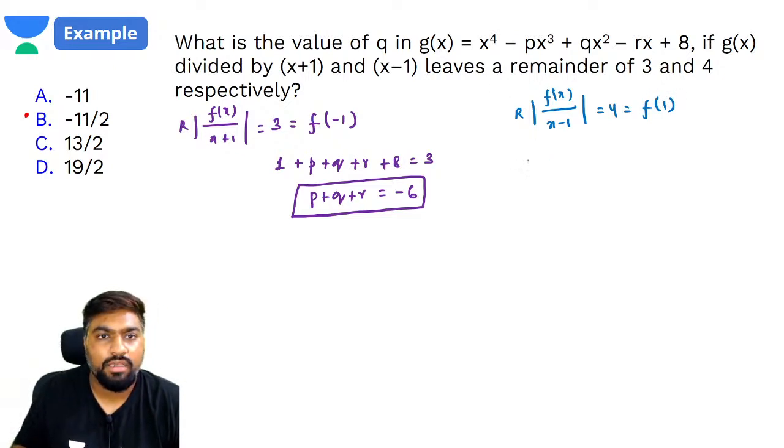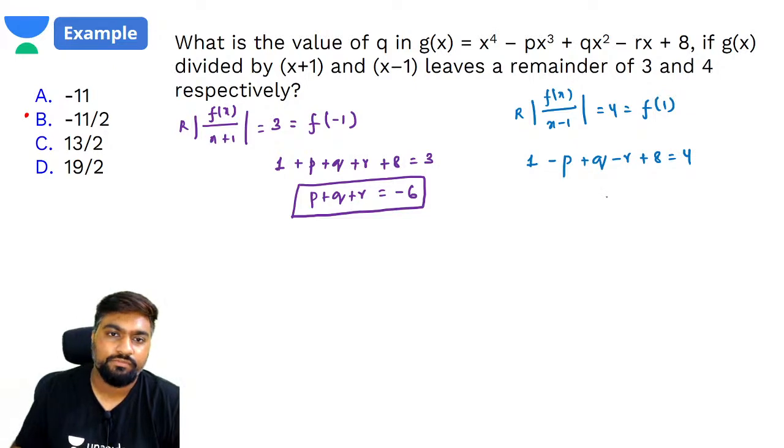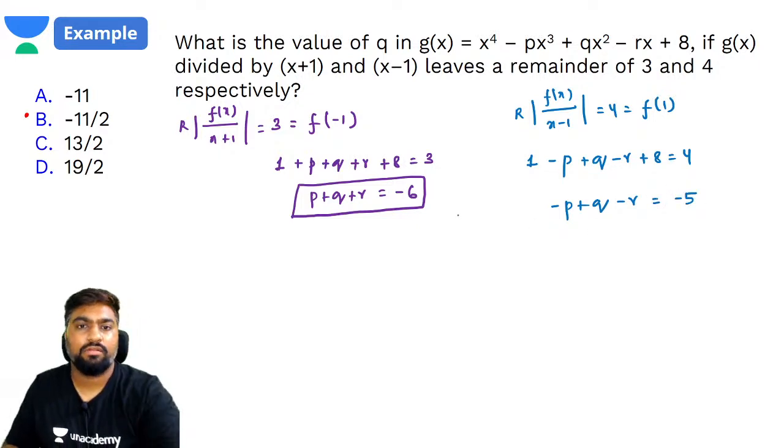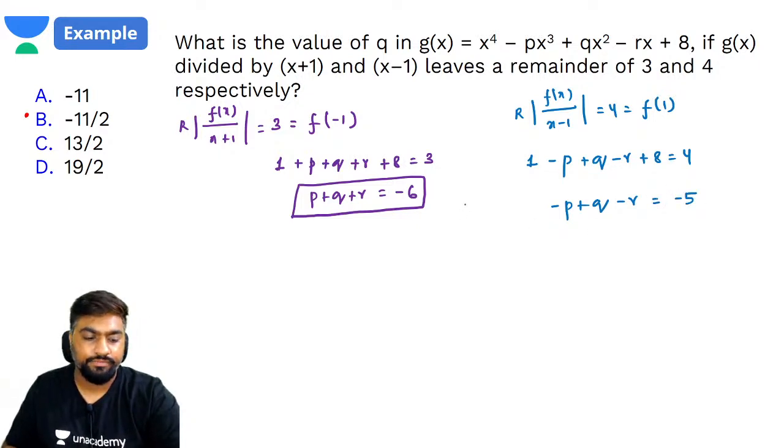So what will f of 1 be? 1 plus p plus q plus r plus 8 is equal to 4, right? So what do you get? Take the 1 there, you get p plus q plus r is equal to minus 5. Agreed? Yes or no?